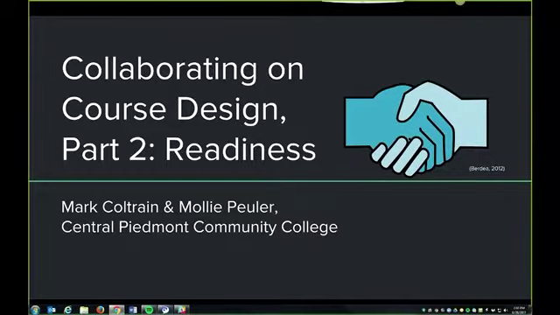Today we're going to focus mainly on readiness to establish a course design project or program at your library, assessing your readiness and some ideas, tips, and examples from CPCC to maybe help you get started. And we'd love to hear ideas that other people have implemented at their schools and in their libraries as well. That's certainly a wonderful thing about these: we can share with people from across many miles.